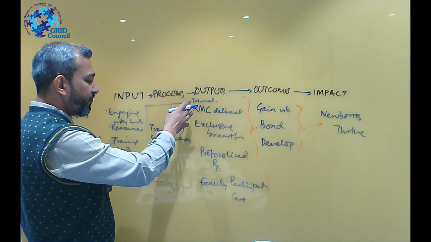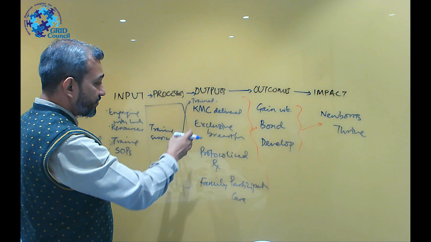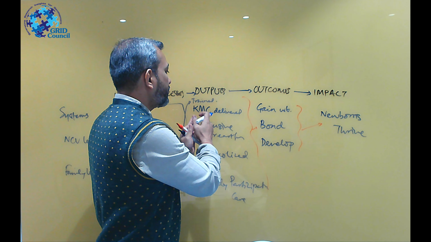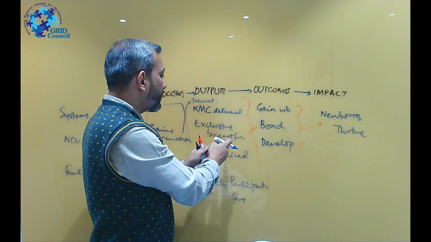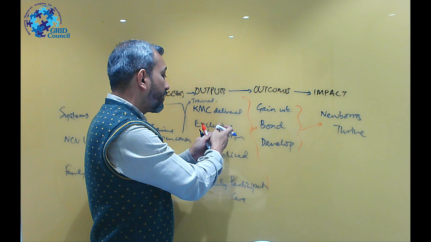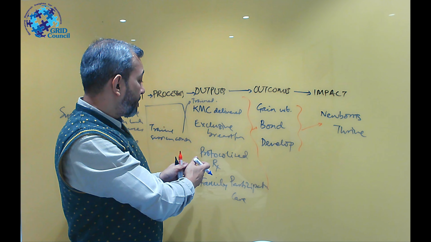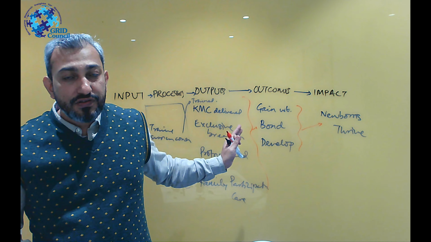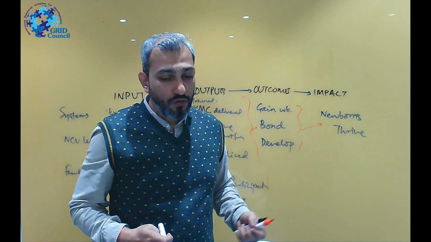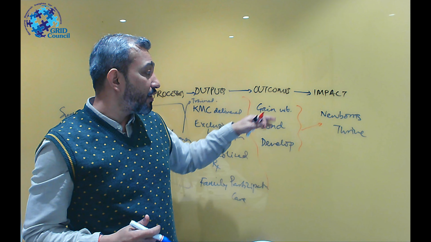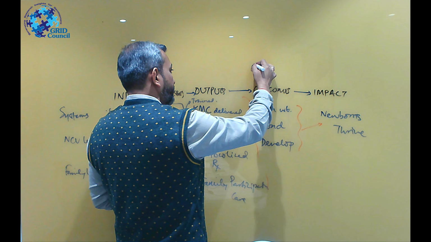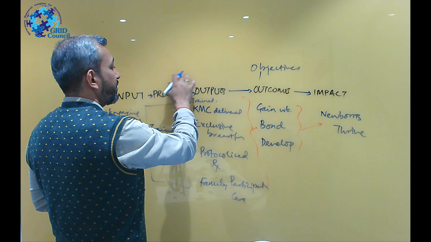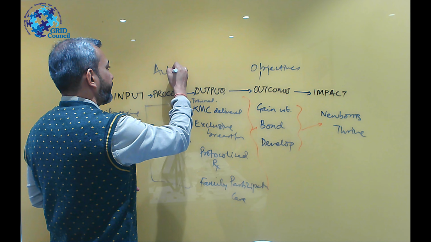So the number of training sessions conducted, number of staff trained, number of mothers oriented and sensitized, those are immediate outputs, which will gradually lead to number of KMC sessions delivered, number of babies on exclusive breastfeeding, and protocolized treatment delivered to this many babies. So those things will also play out, eventually leading to long-term outcomes. Now these outcomes can look very much like objectives, and these are activities.